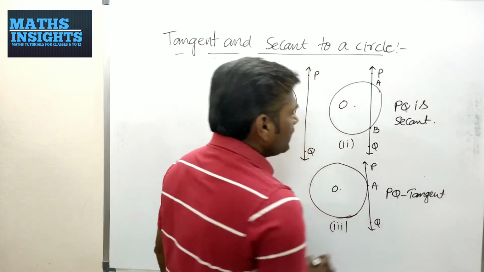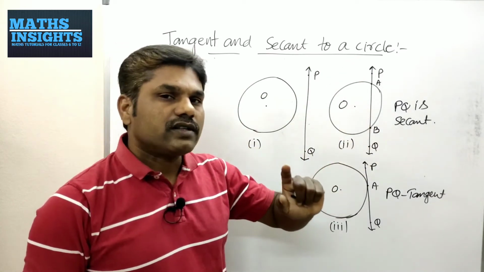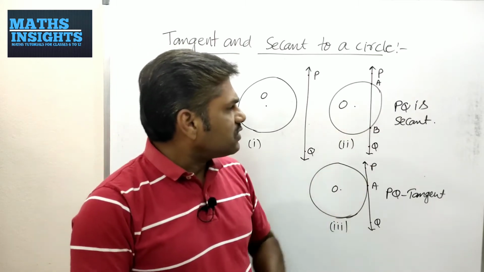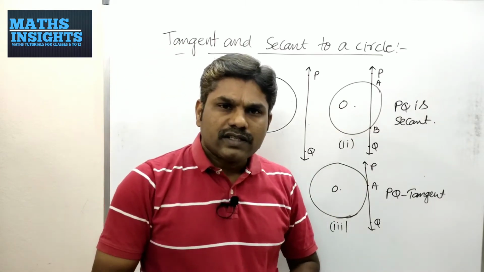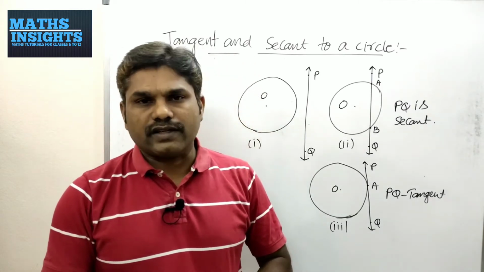Okay, but in the case of secant, the line is intersecting, not touching, at two different points. That's why that is called a secant. See, this is the definition of tangent and secant.